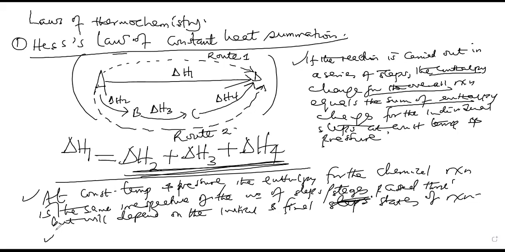Then it is after this that I can talk about Lavoisier-Laplace's law. I'll give you how it states, and we shall start from the Born-Haber cycle. I don't know how you read this name.